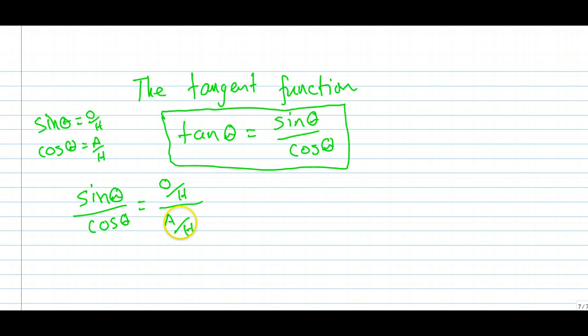Anytime you've got a fraction divided by a fraction, you can rewrite it by flipping one of them upside down and multiplying them together. That's just something you would have learned in earlier years of mathematics.